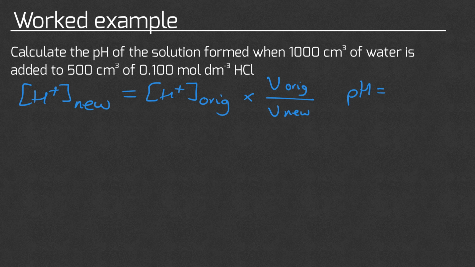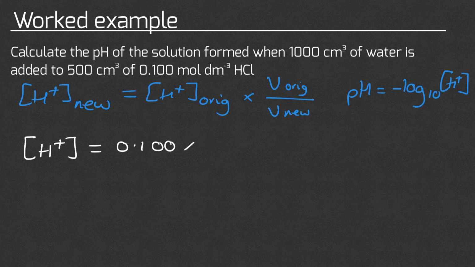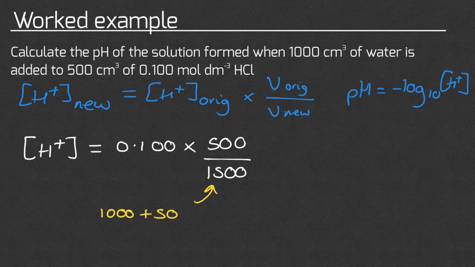Once we've written these down, the next step is to sub in the values to the dilution equation to figure out what our new concentration of H+ is going to be. It's worth remembering that the new volume is the combined total of both volumes.